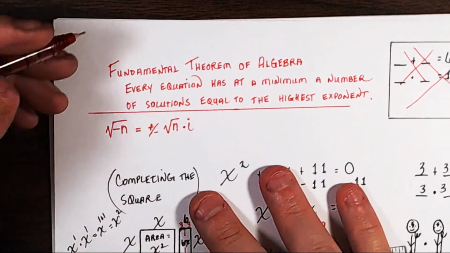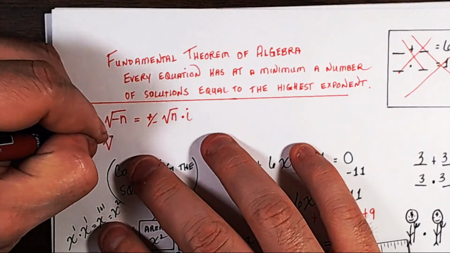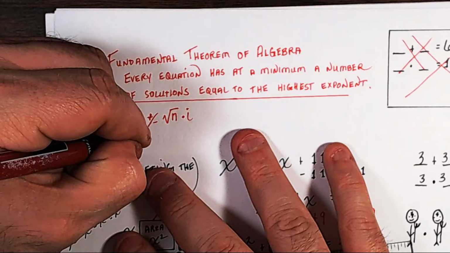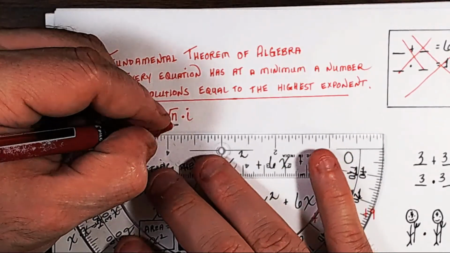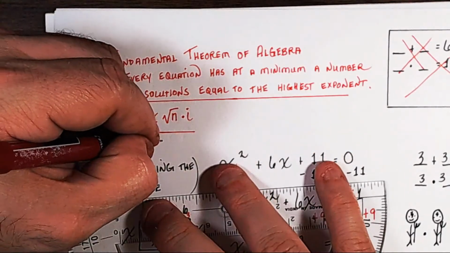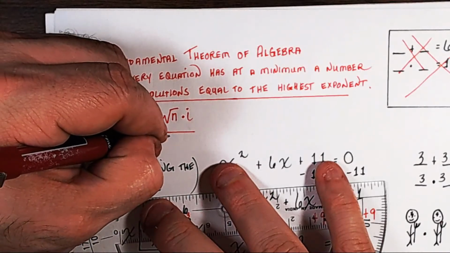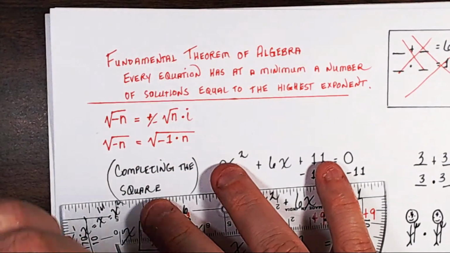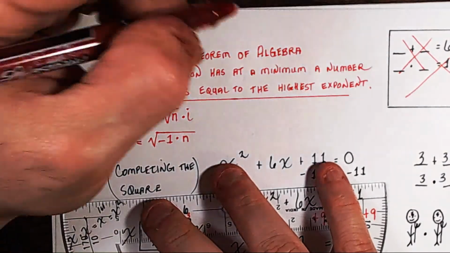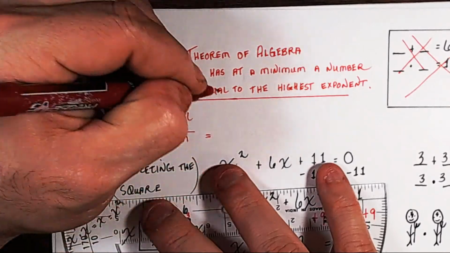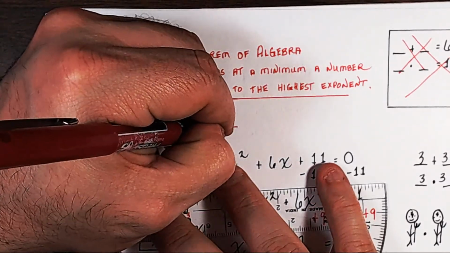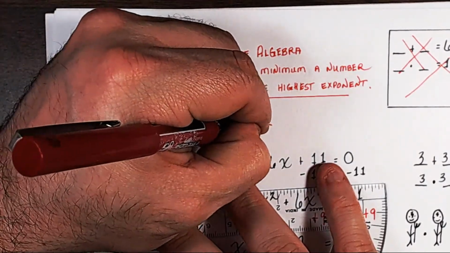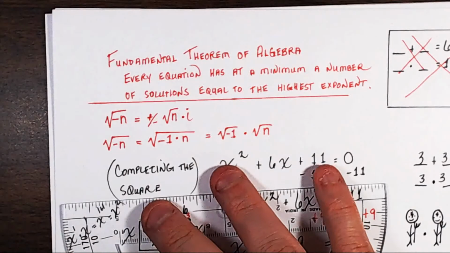And the reason that's the case is because the square root of negative n can be rewritten as the square root of negative 1 times n. And that, in and of itself, can be rewritten as the square root of negative 1 times the square root of n.